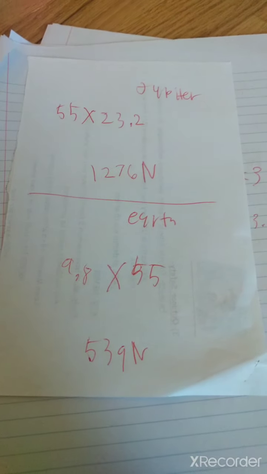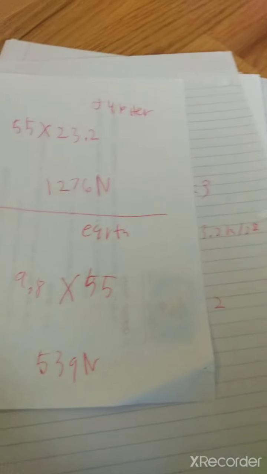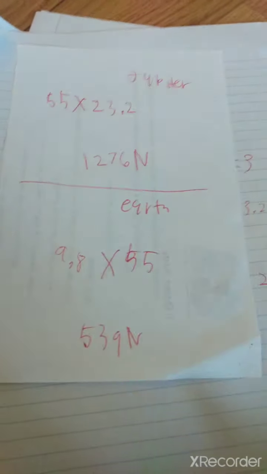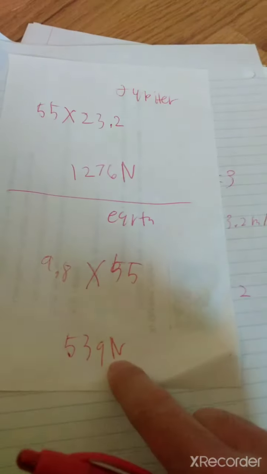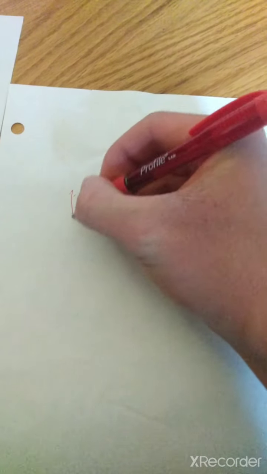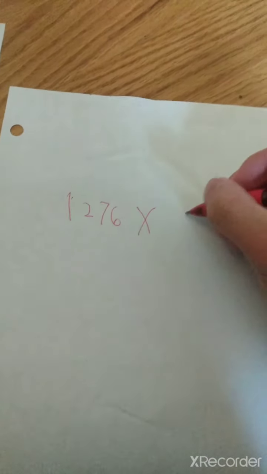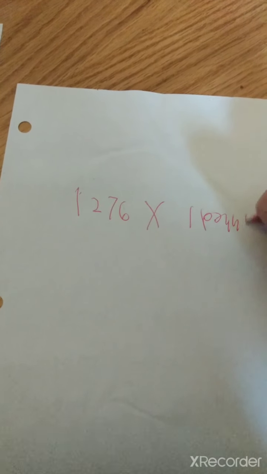But we don't usually use newtons a lot. We usually use pounds and kilograms. So we're going to try and get these two answers into pounds. We have to take the newtons, 1,276, multiply that by 1 pound.